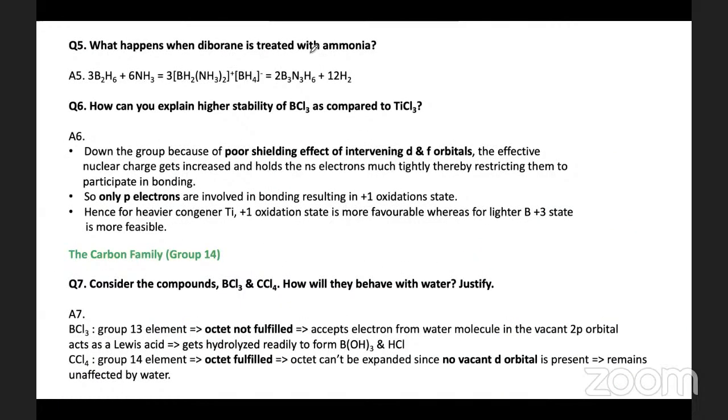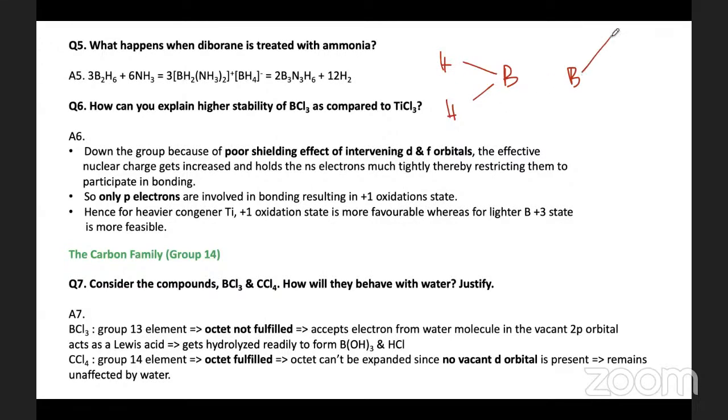So the next question is regarding what happens when diborane is treated with ammonia. Diborane is nothing but B2H6. B2H6 is one of the very well-known compounds among the group 13 elements. Diborane has this structure: a boron, and another boron, and in the terminals, there are 2 hydrogen atoms for each boron.